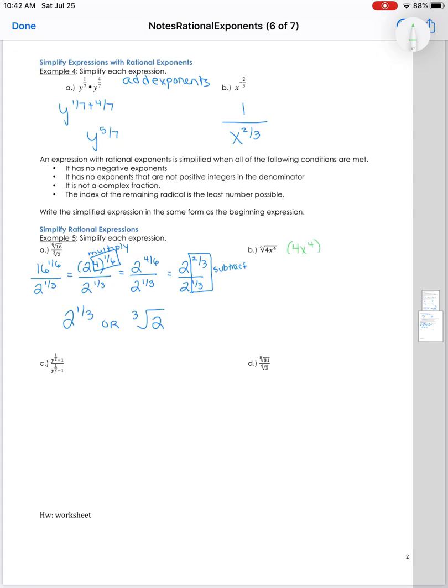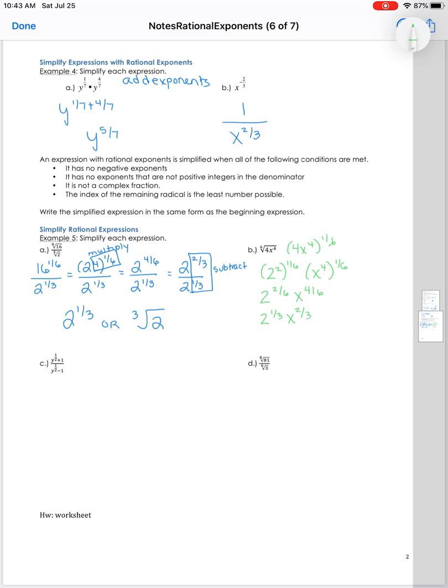So if I have 2 to the 2/3 over 2 to the 1/3, here I multiplied, and now I can subtract. When I subtract, I get 2 to the 1/3, or we can say the 3rd root of 2. Either option for that one.